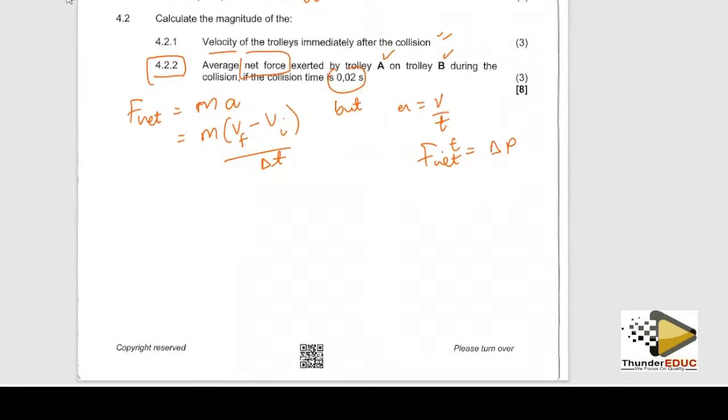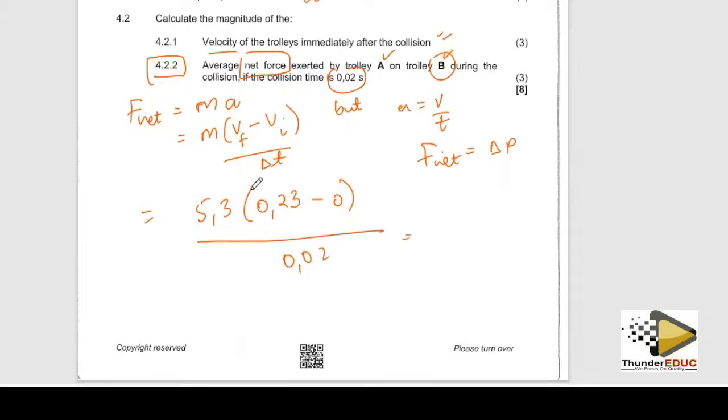Then what we say from this, we know that we're going to use the mass of B, which is 5.3. The final velocity that we got was 0.23. The initial velocity of B was 0 since it was stationary, over the 0.02.